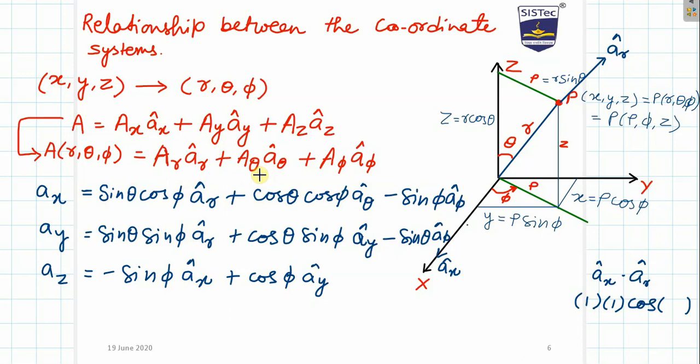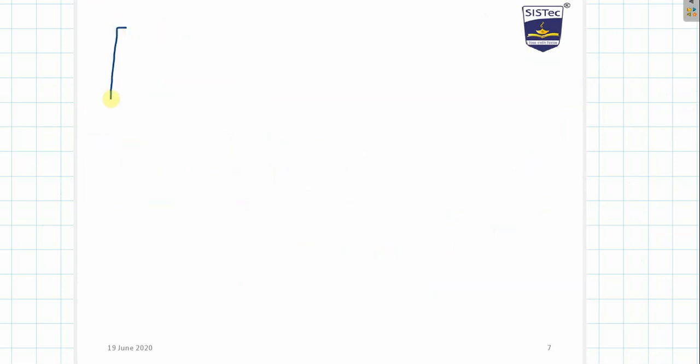If we have to see the transformation in terms of the matrix, then we can write like this: AR, A theta, A phi.